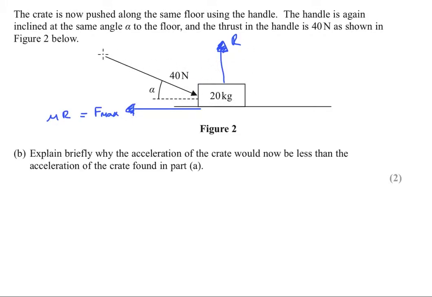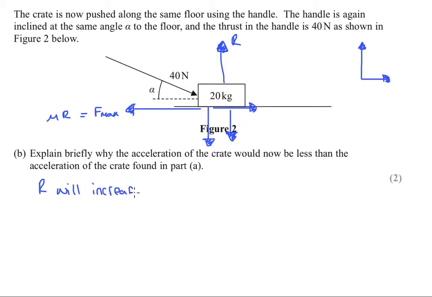Now, if we've got this force acting downwards like this, then instead of resolving up and right as in the first part, we're going to end up resolving this 40 newton force down and right. So that means that R is going to be bigger than it was before.